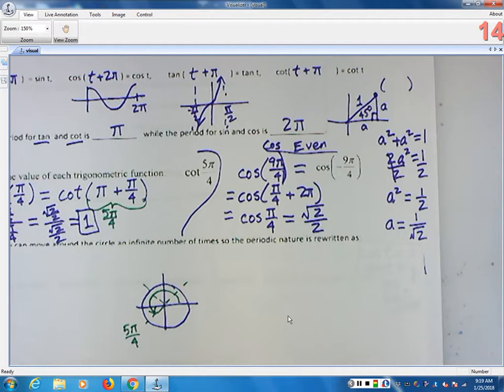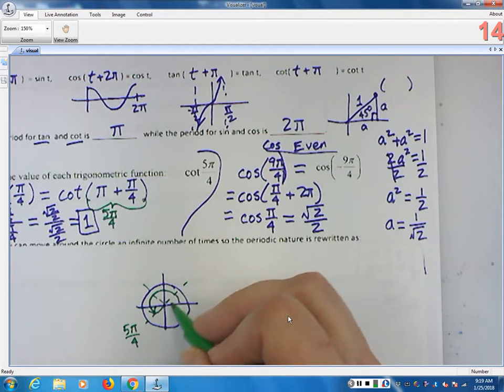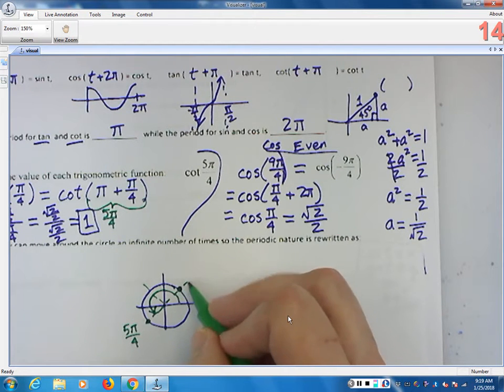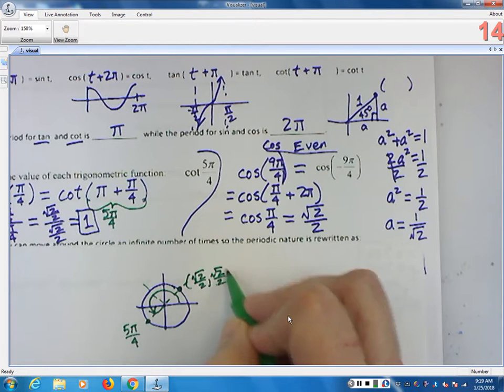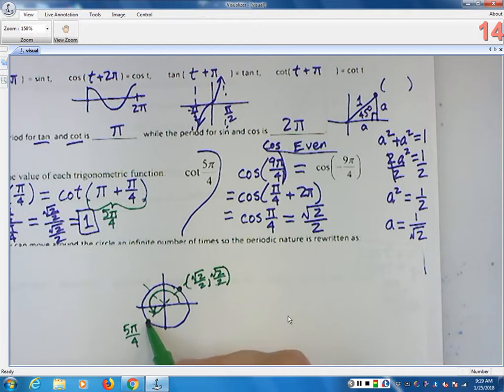That's where 5 pi over 4 is. And this is the square root of 2 over 2. We're going to fill out that unit circle in a second.